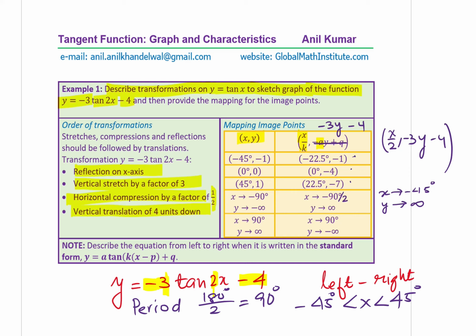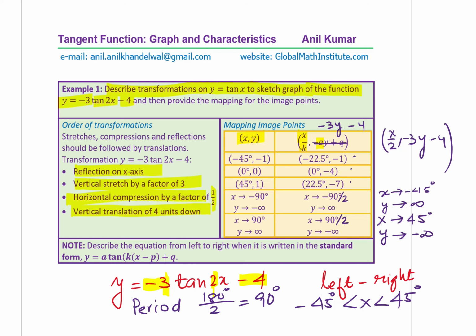And therefore, the vertical asymptotes, which were at minus 90 degrees and plus 90 degrees, will now be at plus and minus 90 by 2, correct? So when x approaches positive 45 degrees, y is going to approach negative infinity. That is how the behavior near the vertical asymptotes will change for the given function. So I hope this concept is absolutely clear.